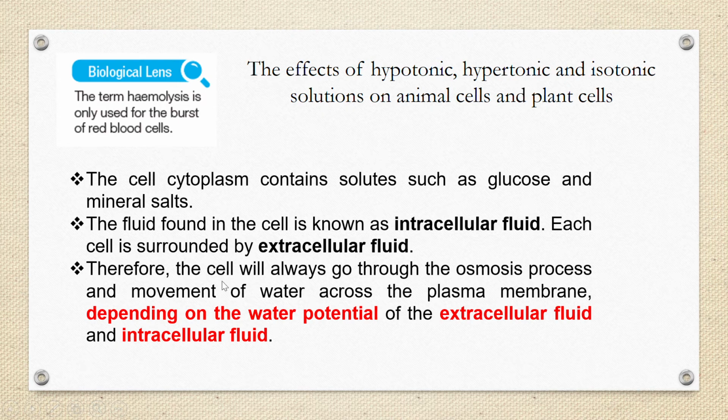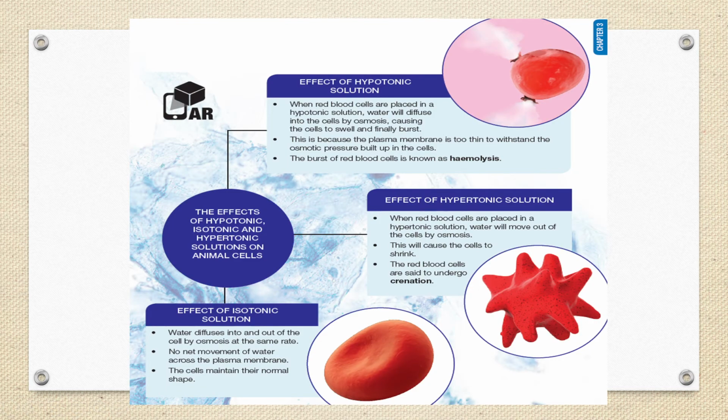Therefore, the cell will always go through the osmosis process, because inside and outside the compartment has got water. So they will always go through osmosis, the movement of water across the plasma membrane, depending on the water potential of these two regions. That brings us to this slide, which we will be discussing on the red blood cells.